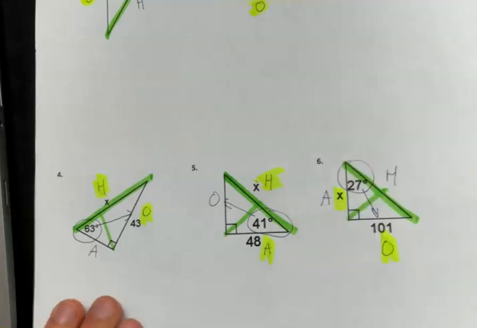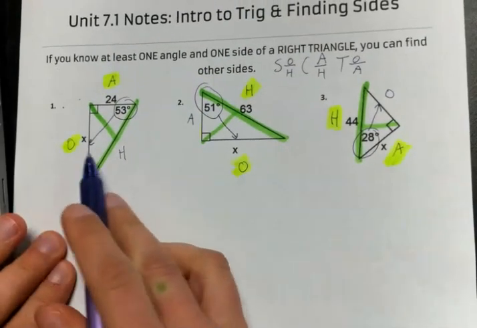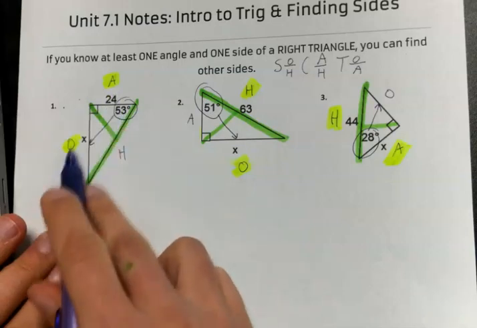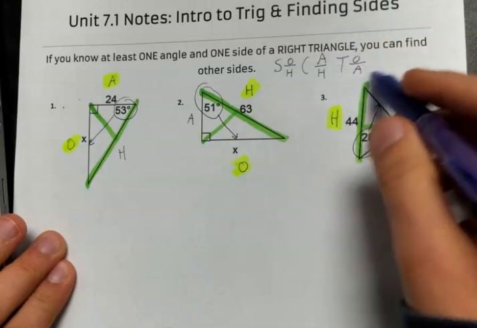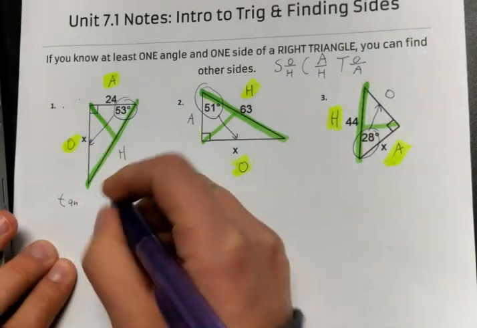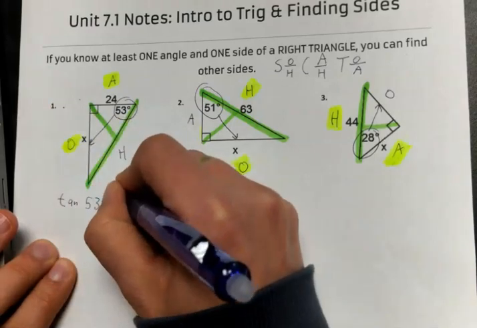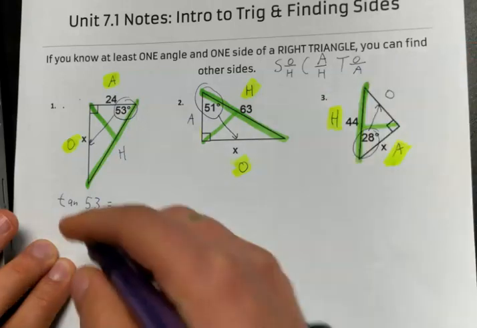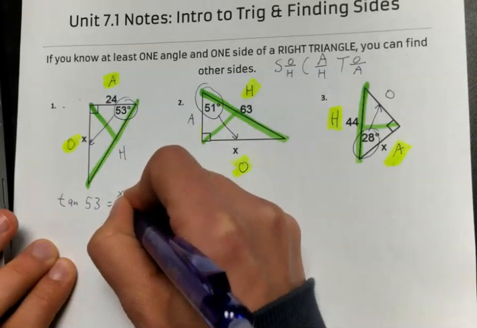Okay? So now for each of these, I'm going to go ahead and write down what we're dealing with. So O and A, where do we see that? We see that next to T, TOA, right? So tangent 53 is equal to O divided by A. So my O has an X, my A has a 24.